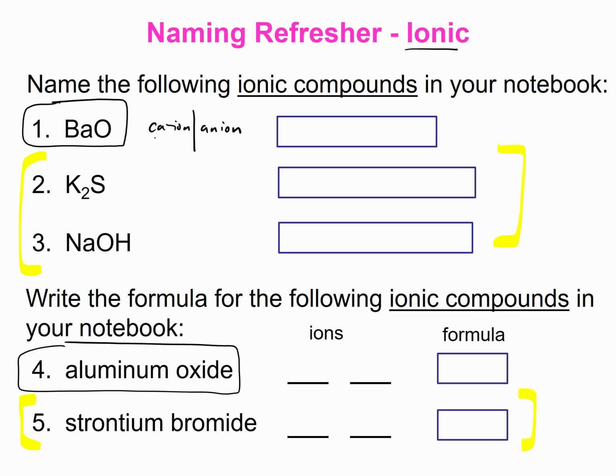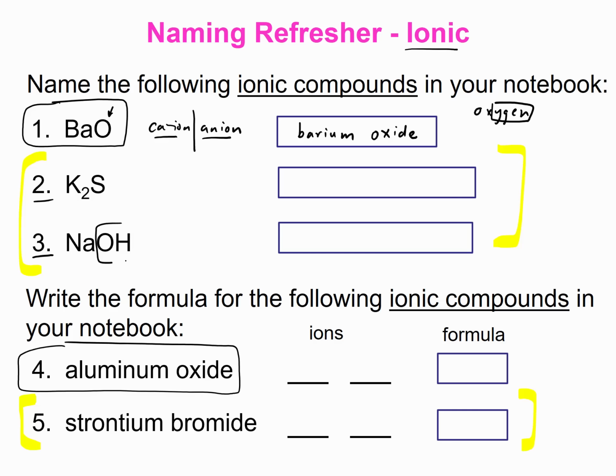And we just named the two things, and you changed the ending to "ide." So that's all there was to ionic. So the cation is barium, and the anion is oxygen. And instead of oxygen, we're going to change this to "ide," so we'll call it oxide. So barium oxide. Okay, and then you guys try 2 and 3.